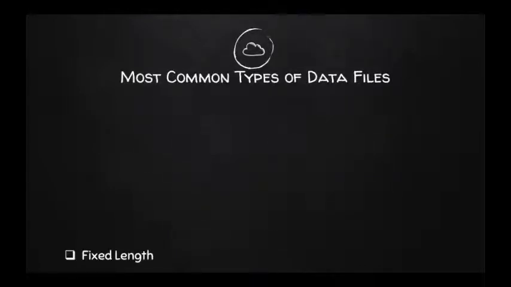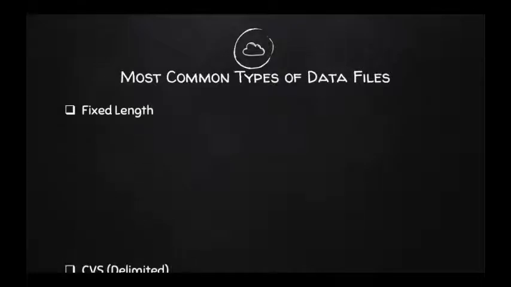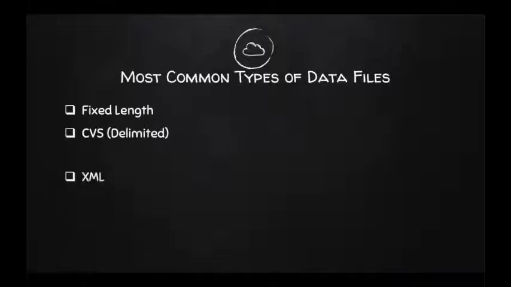So what are the most common types of data files? Well, for those of us that are really old and deal with old school systems a lot, we have fixed length files. We also have delimited files, commonly known as CSV files. We have XML, which is more commonly used for web type of transmissions and passing data across the web.